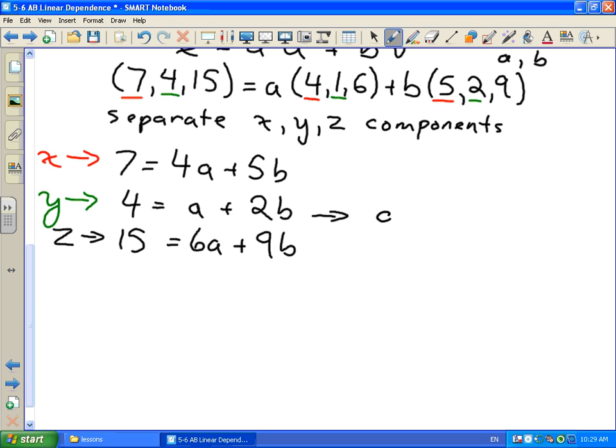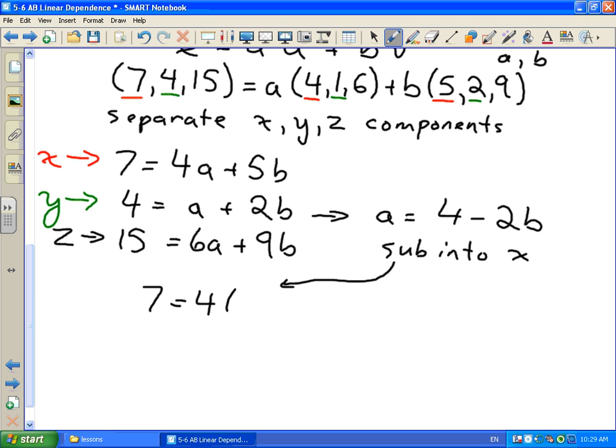So a is going to equal 4 minus 2b. And then let's take this and sub it into our x equation there. We'll end up with 7 equals 4 times (4 minus 2b) plus 5b.